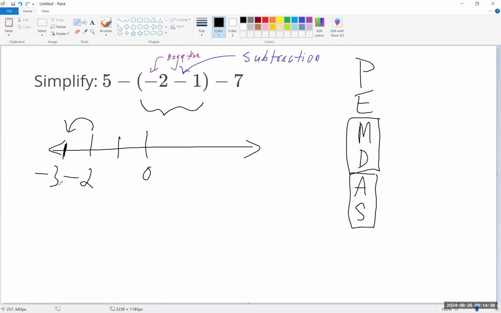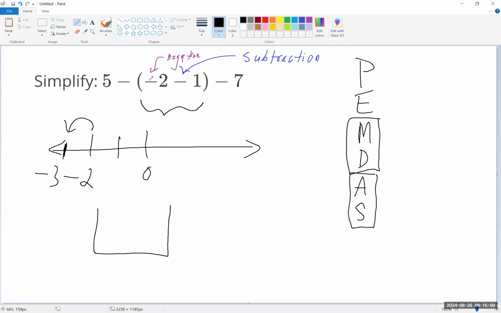There's a couple of other visual ways of doing it.